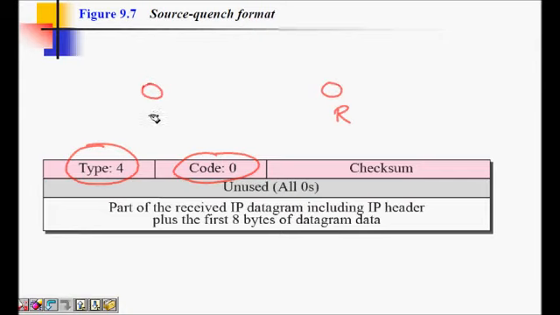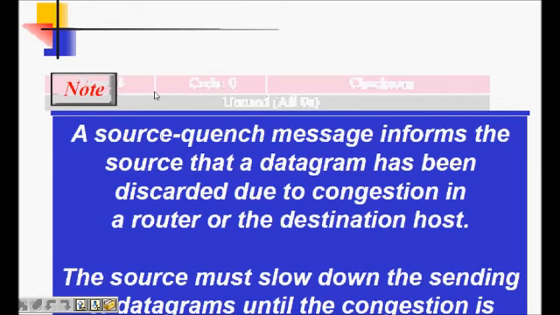Initially, the packet was going from a source to a destination. When the ICMP error message comes, it will have source equal to the router and destination equal to the source of the original packet. Inside that, it will also put the header plus the first 8 bytes of the datagram data, so that you can identify for which packet the error was generated. Otherwise you cannot know that.